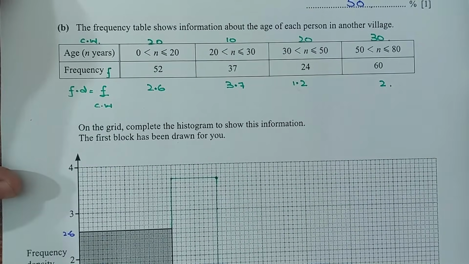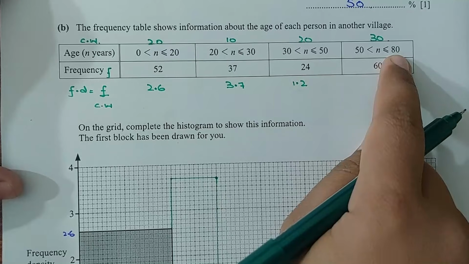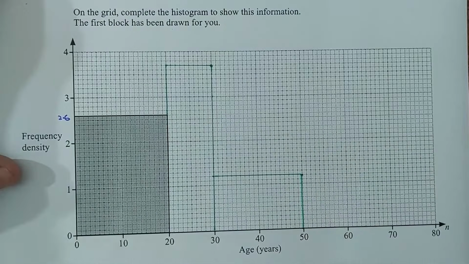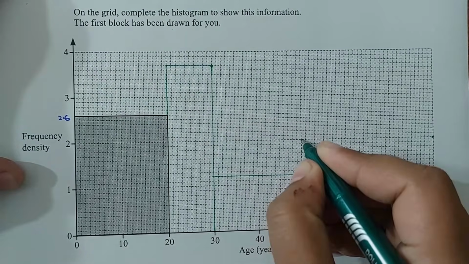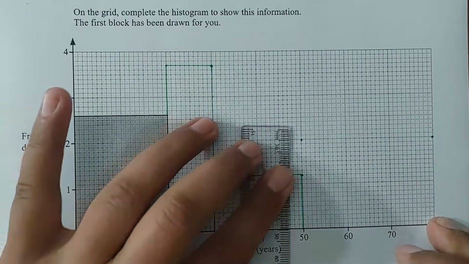Right. The next interval is from 50 to 80, it's 2. 50 to 80, it's just 2. So this point, right?